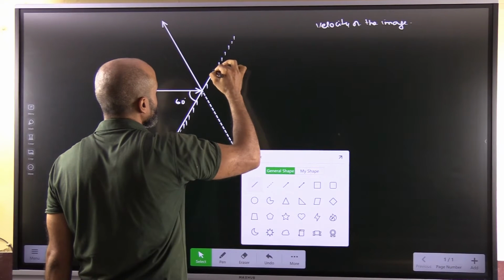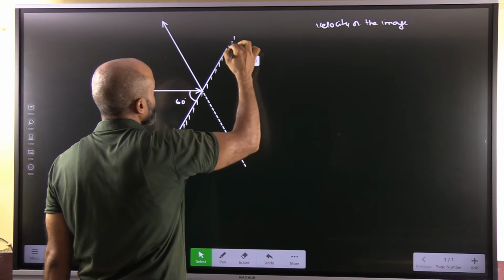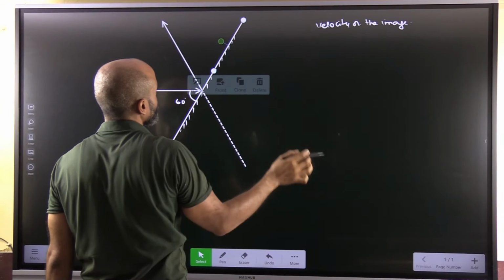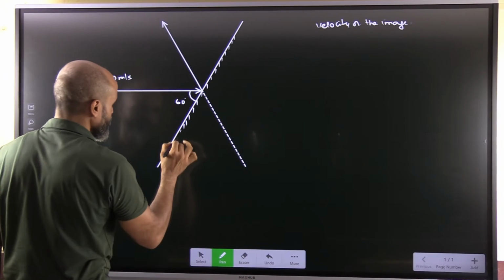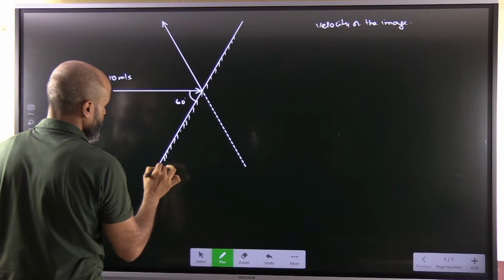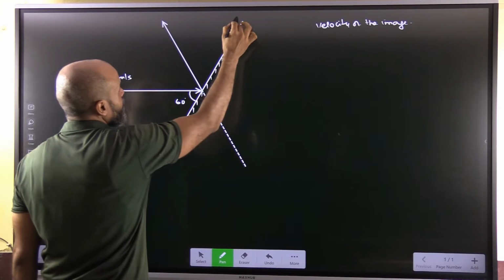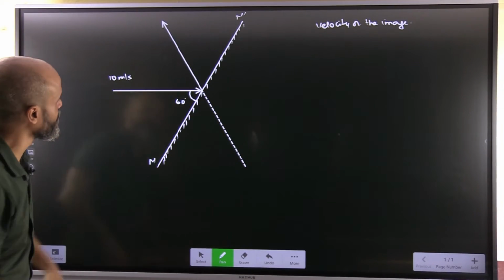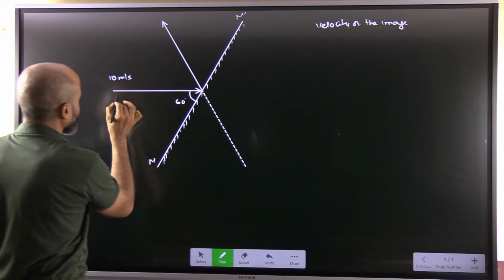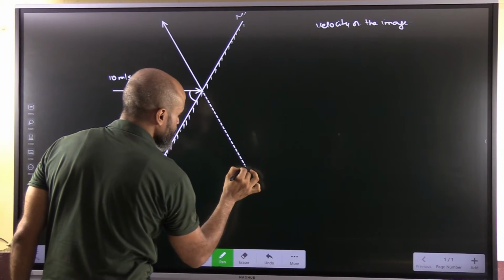Let's draw a separate line here. This is basically the mirror surface. We have here m dash, whatever you want to name it. So the image will be formed somewhere here.